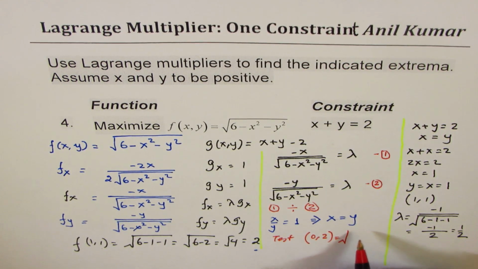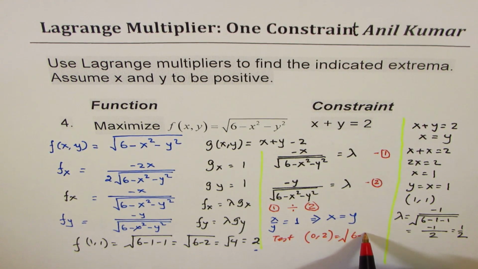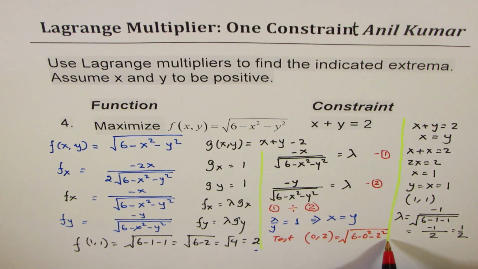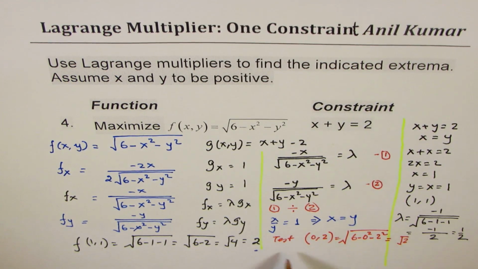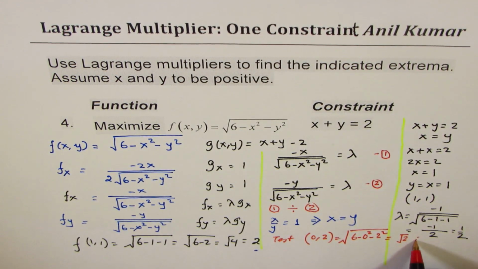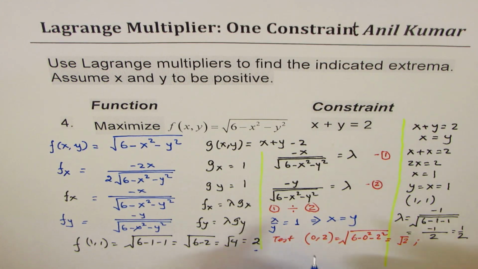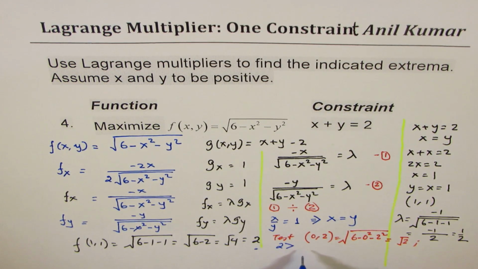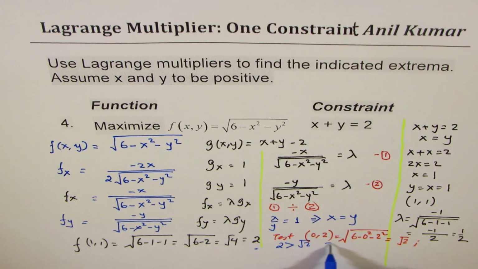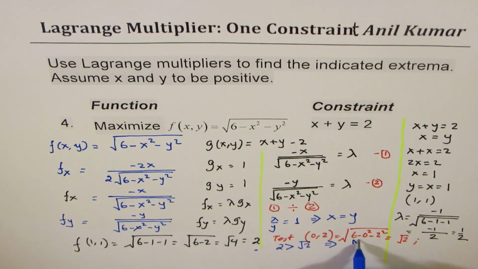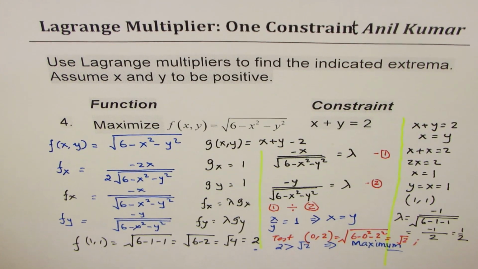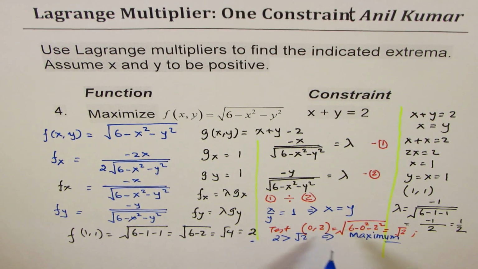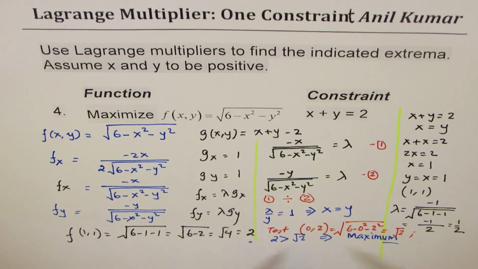I get square root of 6 minus 0 squared minus 2 squared, which is square root of 2, right? And since we know that 2 is greater than square root of 2, the critical point is a maximum. So with a test point, we know that the critical point is a maximum.